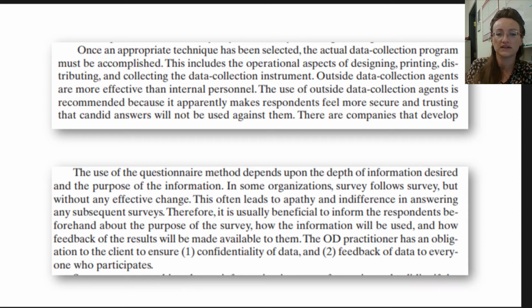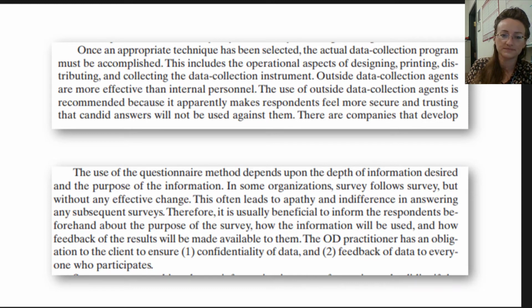The use of outside data collection agents is recommended because it apparently makes respondents feel more secure and trusting that candid answers will not be used against them. What does that tell you about trust in leadership? What does that tell you about psychological safety?